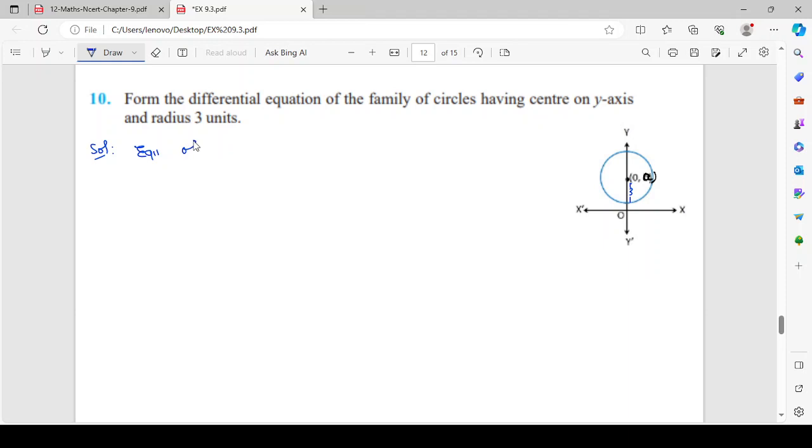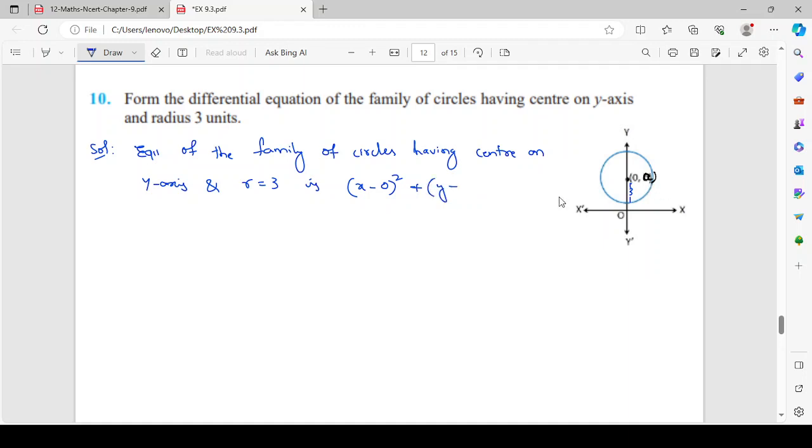So let us write down first of all the equation of the family of circles having center on y-axis and radius r equal to 3 is x minus 0 whole square, taking center as (a, b) where this is 0, plus y minus b, here it is a, so y minus a whole square equal to the radius 3 square.